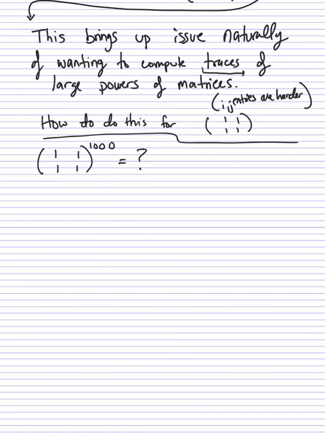So first notice, what does [[1,1],[1,1]] do to a vector (x, y)? Well, this just goes to (x+y, x+y).